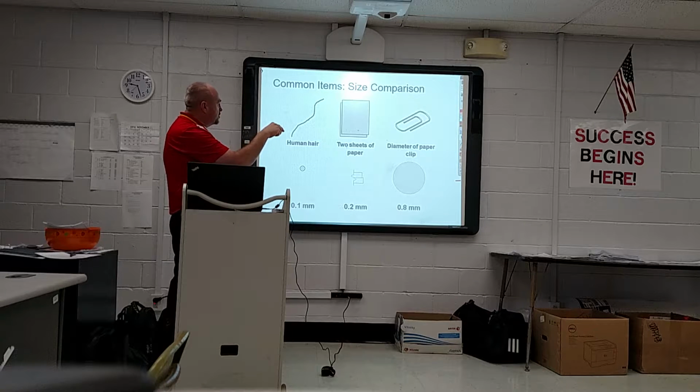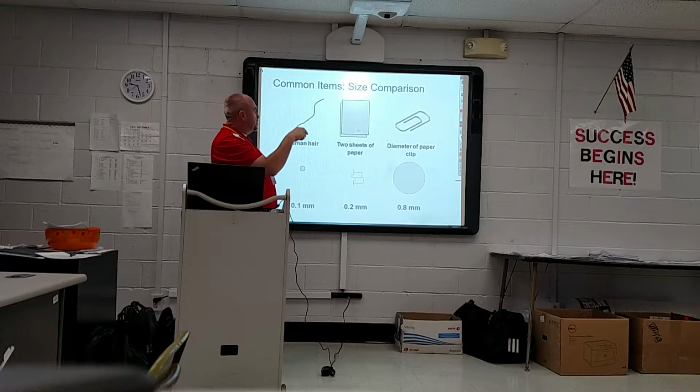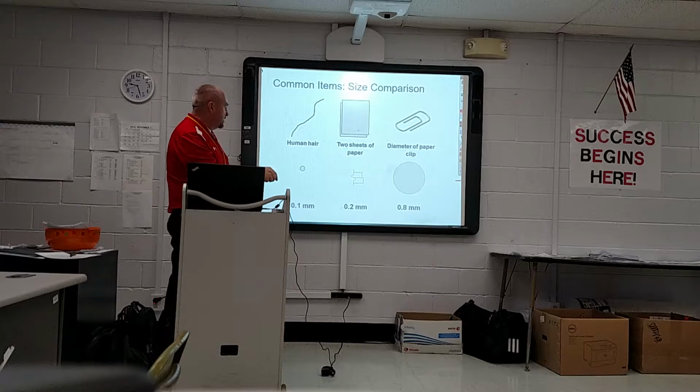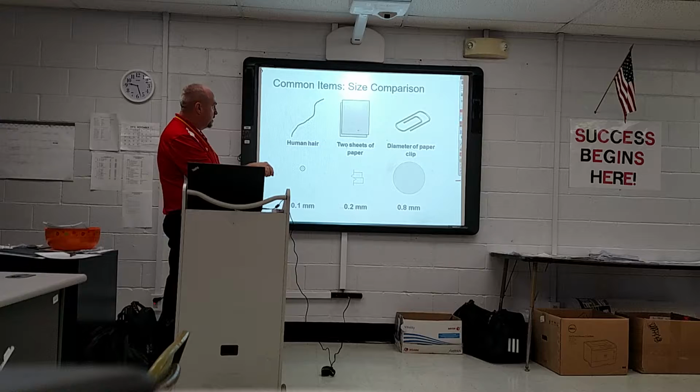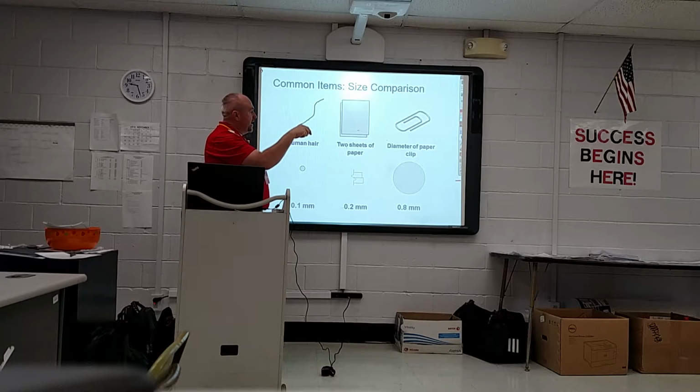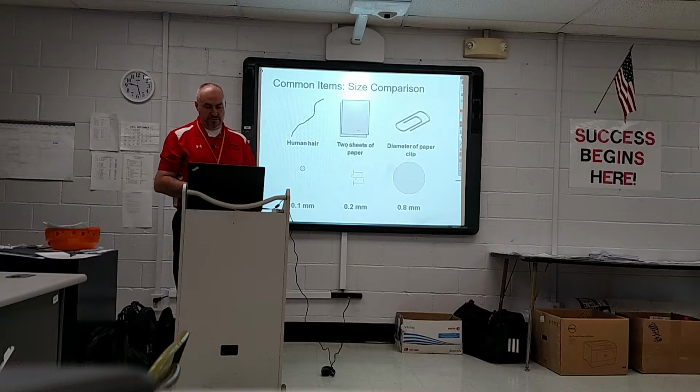What if you took 2 sheets of paper and put them together and measured the thickness of those papers? It would be 0.2 millimeters. If you took an average paper clip and wanted to get the diameter of that paper clip from this side to this side, it would be 0.8 millimeters.